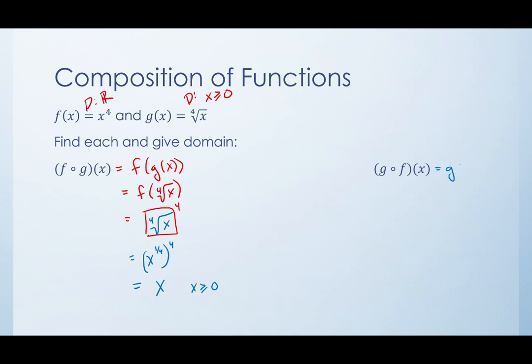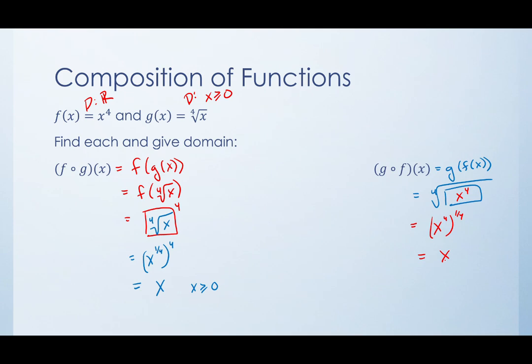All right, so g composed with f, we're looking at g of f of x. So we're looking at the fourth root of x to the fourth. I really should put this as, here's what's going in, and it's going to be x to the fourth. And so we're doing x to the fourth to the 1/4, which again will be equal to x.